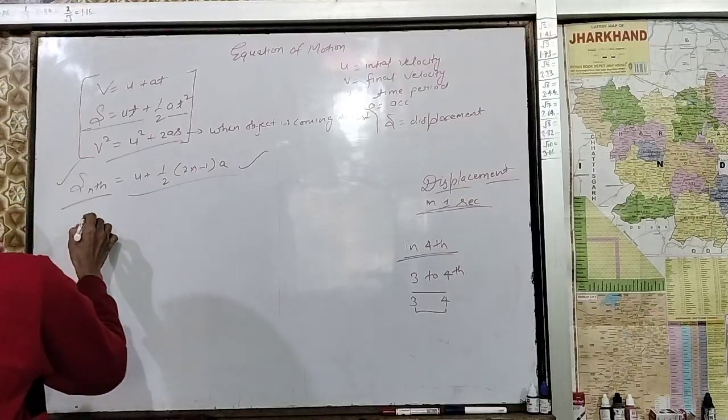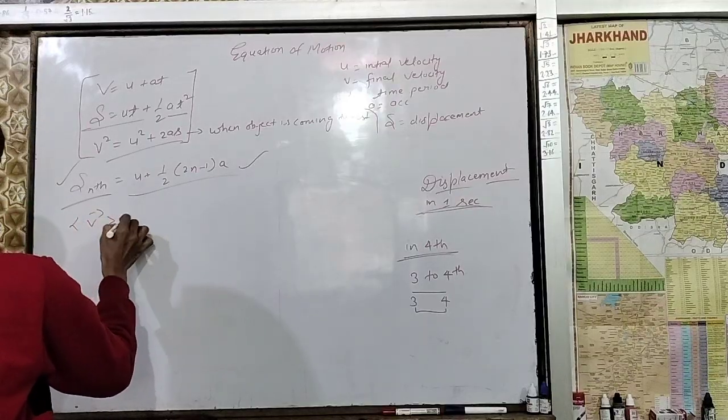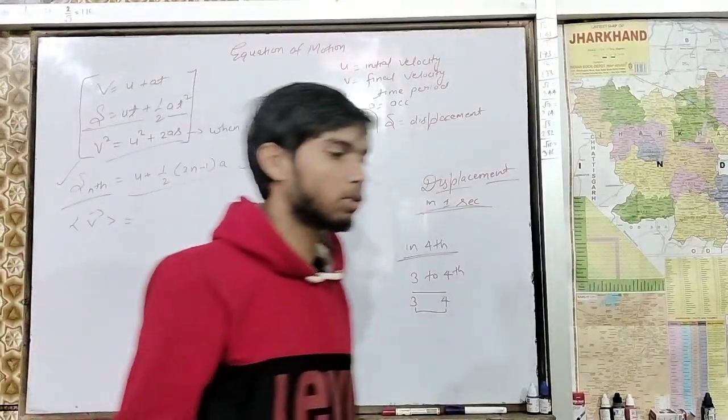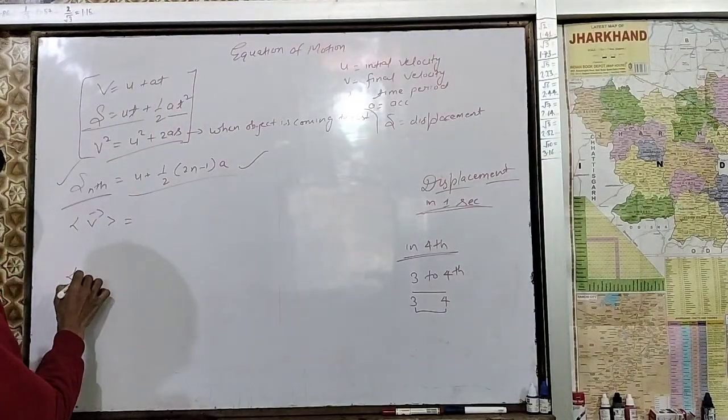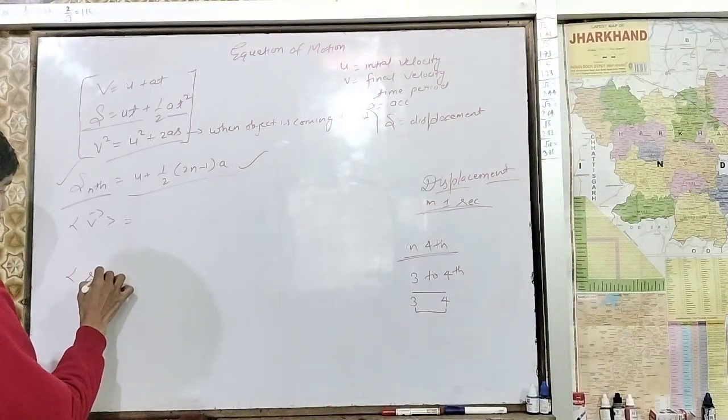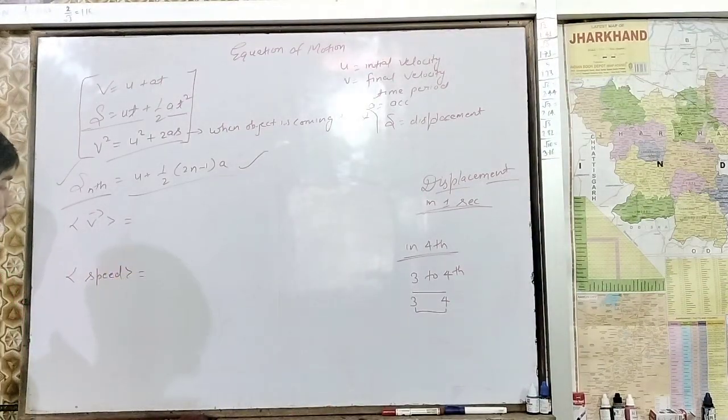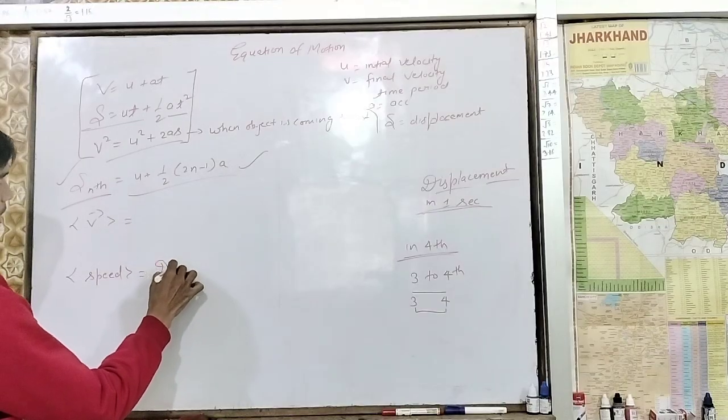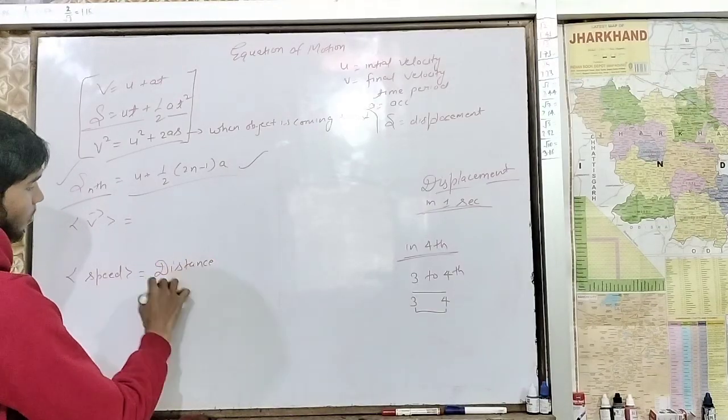Now next we have average velocity and average speed. It is nothing but total distance upon total time.